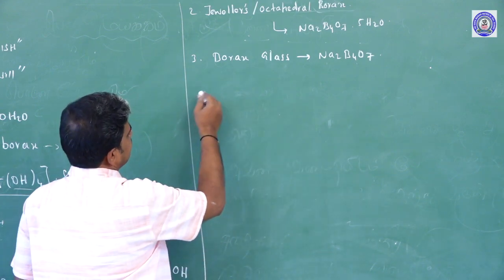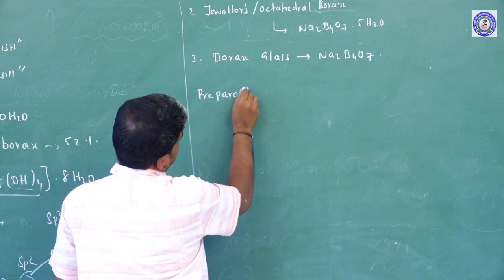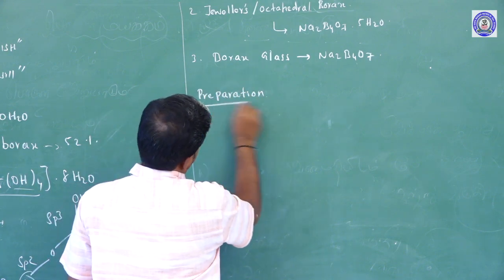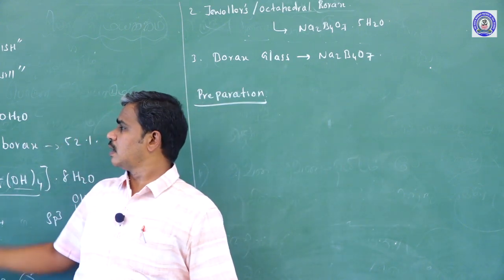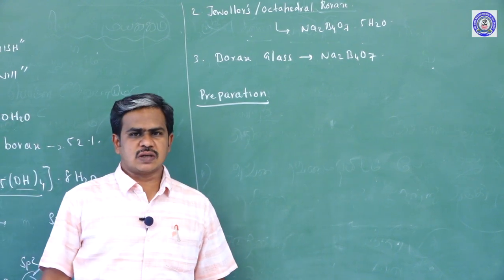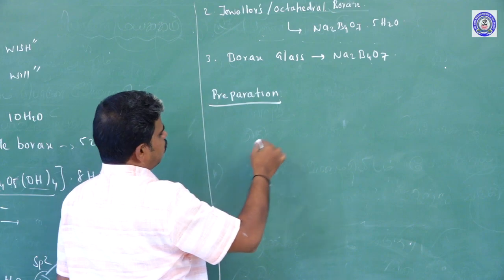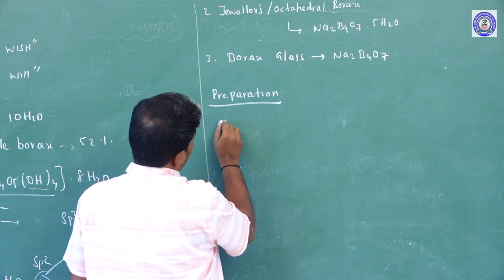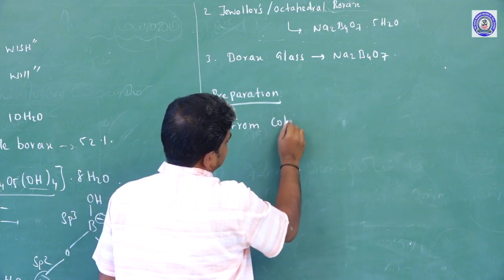Now we may take the preparation of borax. The common borax we have taken is Na2B4O7.10H2O. The preparation of borax is from colemanite.